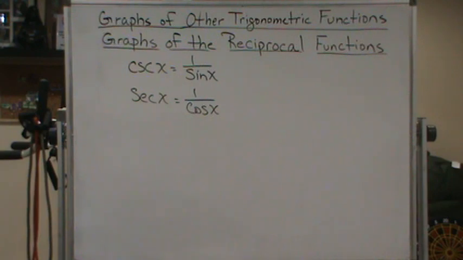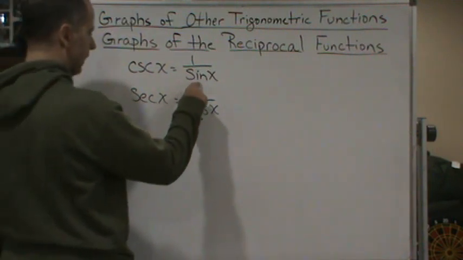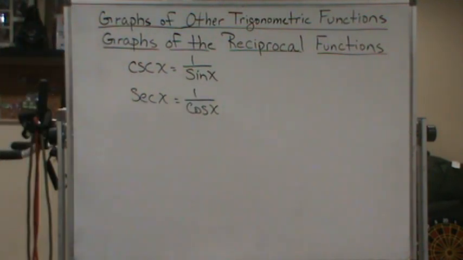Of course, when cosine is 0, the reciprocal doesn't exist, right? Just like here, when sine is 0, the reciprocal doesn't exist. Which also lets us know that there are going to be vertical asymptotes.